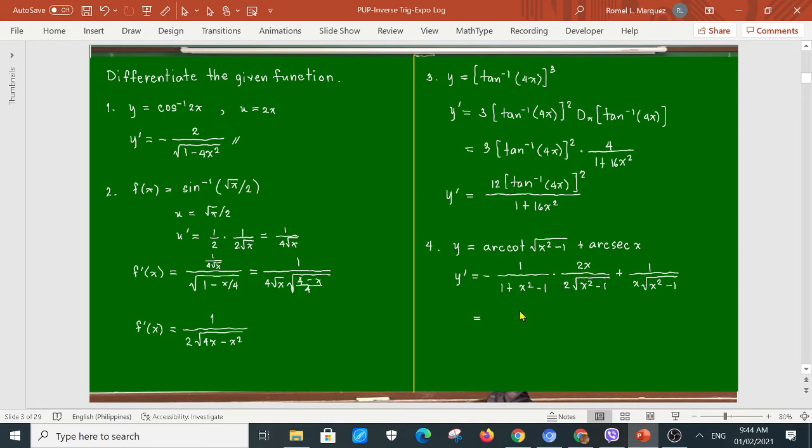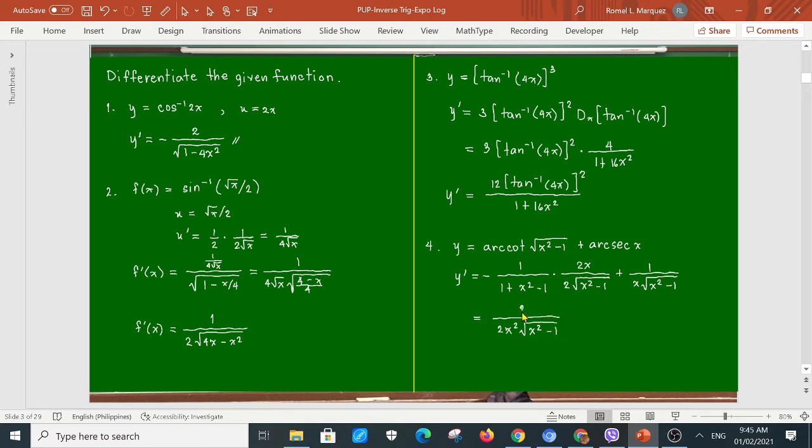So, simplifying, we have 2x times this. But the denominator, when simplified, is simply x squared times 2. So 2x squared, then square root of x squared minus 1.